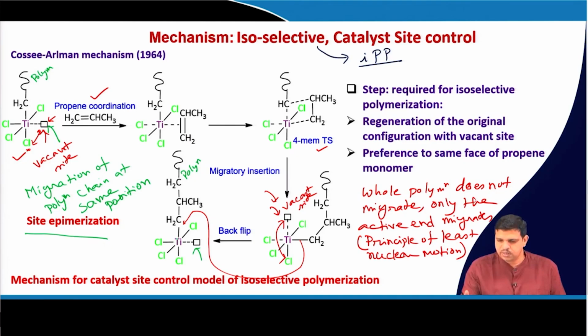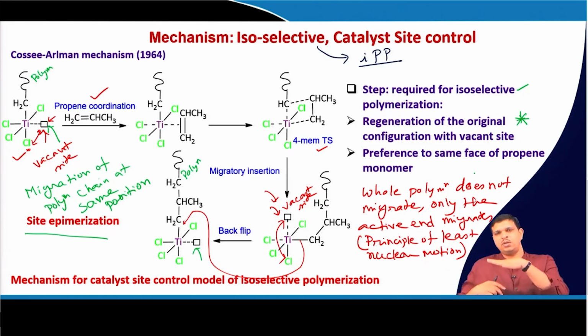So what are the basic steps for isoselective polymerization? Regeneration of the original configuration with the vacant site. This is very important; otherwise we will get syndioselective polymer. And preference for the same face of the propene monomer when we put the vacant site at a particular position.